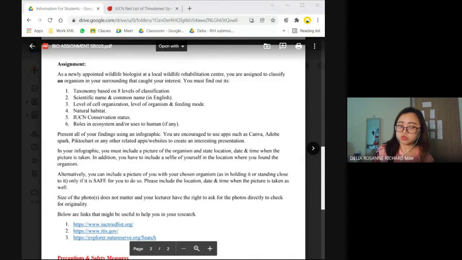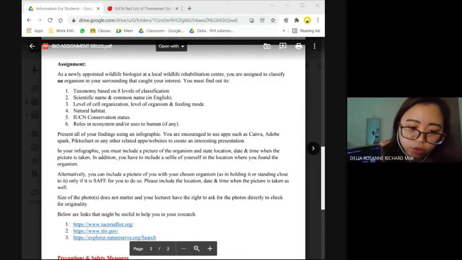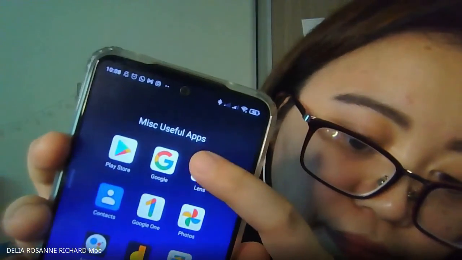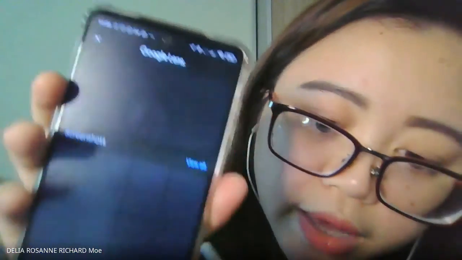But what you can do, Android users, is you can use your Google Lens. So if you're, I'm stopping presenting. If you're looking here, you have the Google Lens app. Use that app.